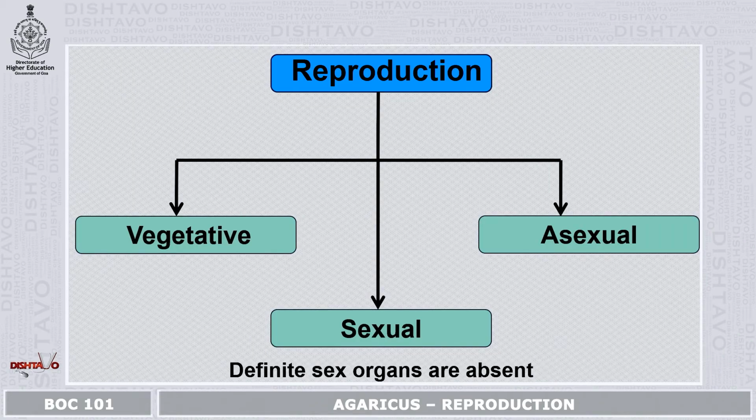The reproduction in Agaricus is of 3 types: vegetative, asexual, sexual. In the sexual reproduction, the Agaricus doesn't form definite sex organs.